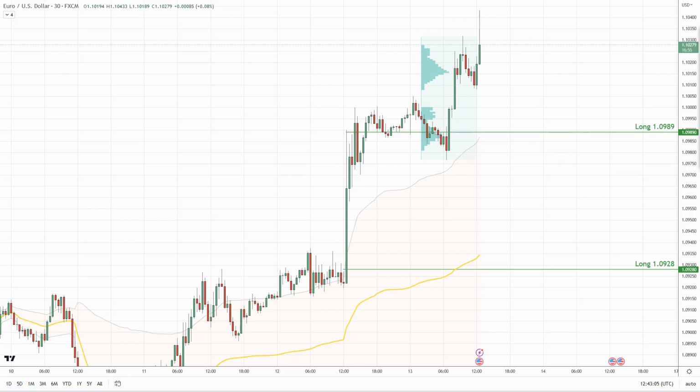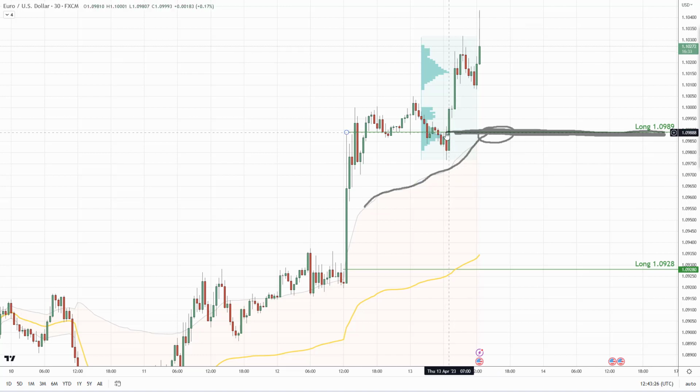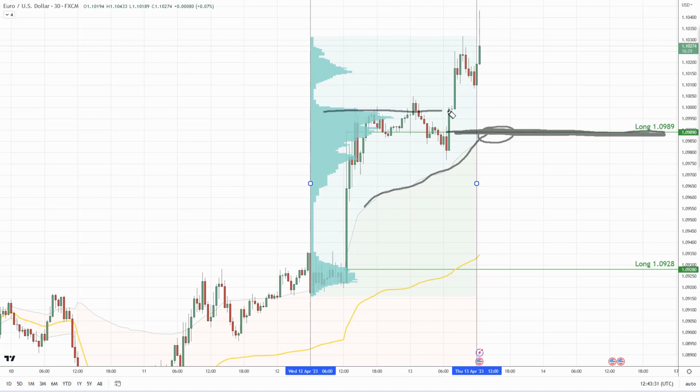Additionally to that, if you look at first deviation of VWAP, that's the gray line in here, it's very close to that level. And the first deviation of VWAP adds strength to that level. All right, so that's why I prefer placing that support in here instead of placing it in here.